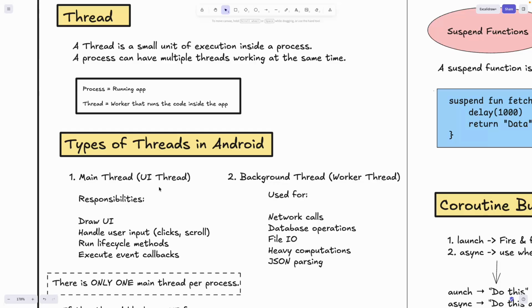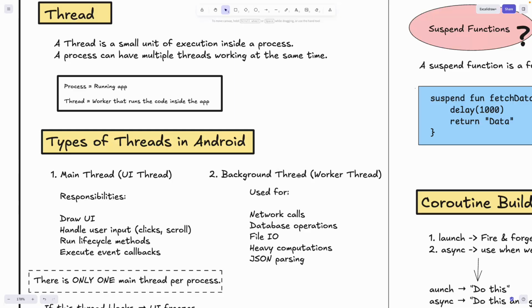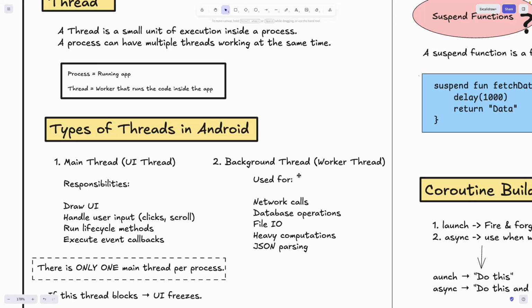The main thread is the UI thread in which my UI is drawn and which is visible to the user, so all UI-related tasks will run on the UI thread, right? Now, the background thread is basically a worker thread. Worker thread means any work that we need to do inside my application.